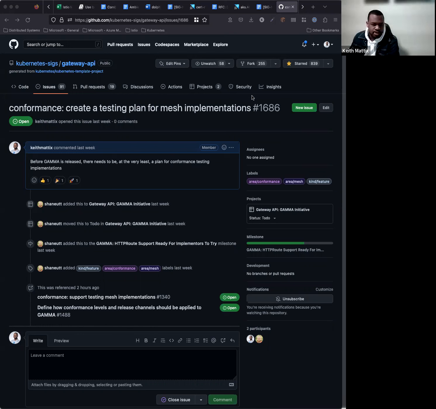So with that context in mind, I agree, 1686 is a superset of the other issue, and the deliverable for 1686 should have actual implementation detail on the specific scenarios that we're going to test as part of the testing plan.